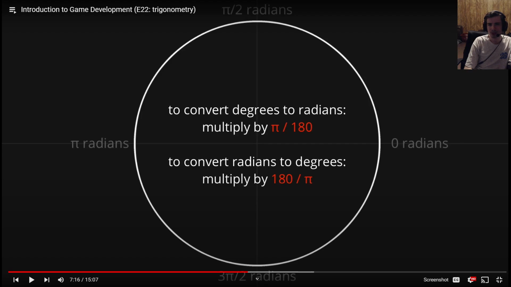Convert degrees to radians, multiply by pi over 180. That just seems extra, though. Pi over 180? Oh, I guess, yeah, that is. No, that's how you do it. It's not extra. I'm thinking you don't have to put a 180, you could just do something with pi.